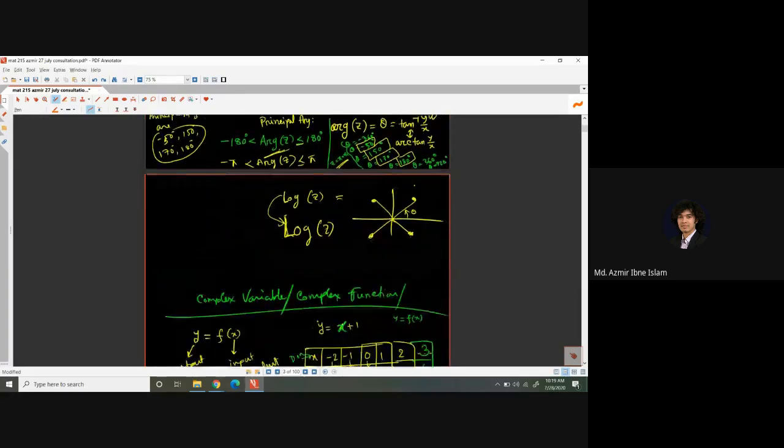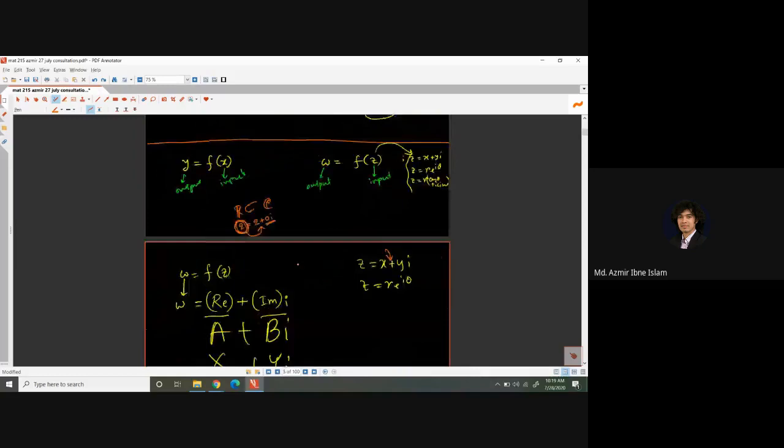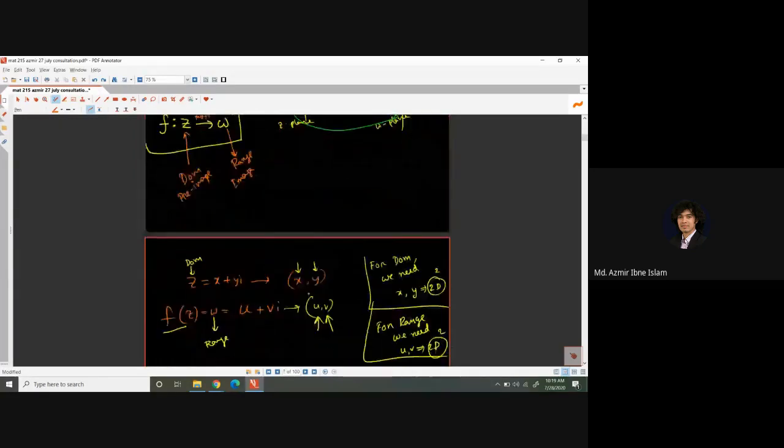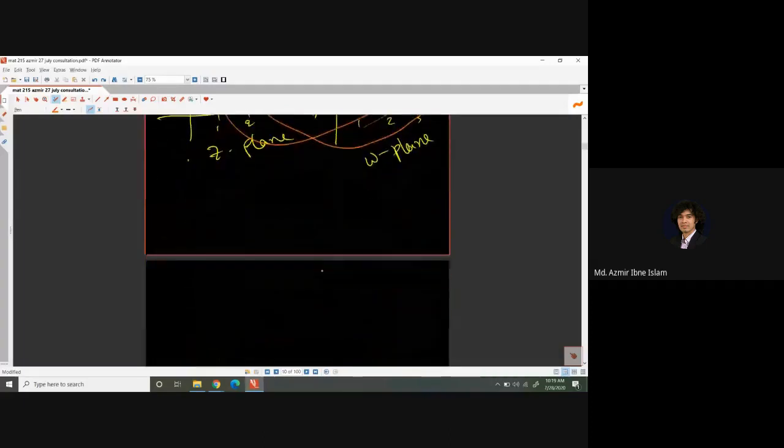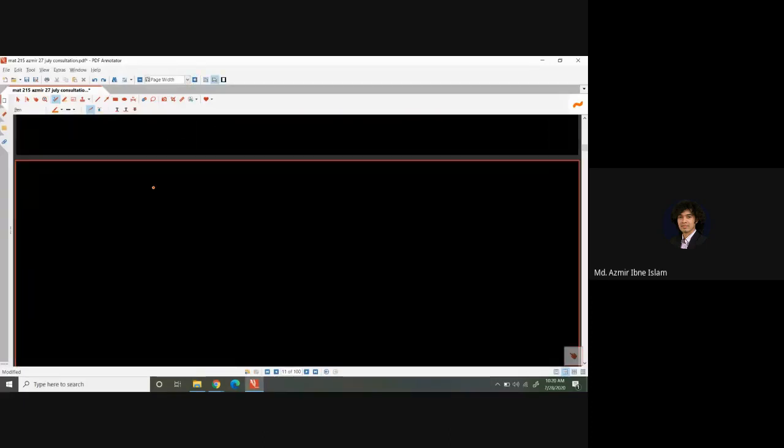Okay, let's take another example, then we will move to the limiting concept. First of all, let's say we have a function f of z. So I am taking another problem, f of z equal to z squared, where z is a complex valued variable. So it is equal to w.